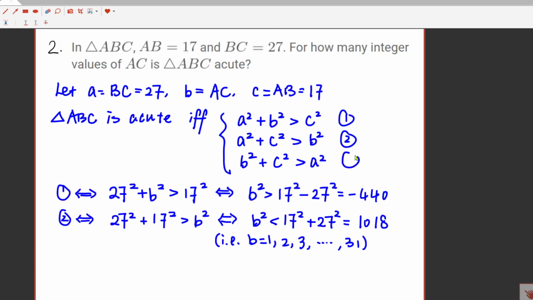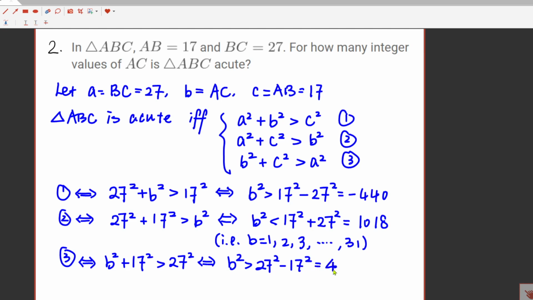And then let's consider the third inequality here. Third one is equivalent to b squared plus 17 squared must be greater than 27 squared. And we can simplify this to b squared is greater than 27 squared minus 17 squared, which is 440, right? This is satisfied by b greater than or equal to 21, right? Therefore, triangle ABC is acute.